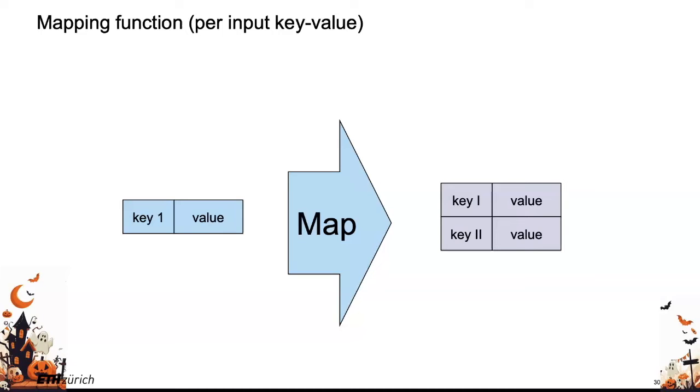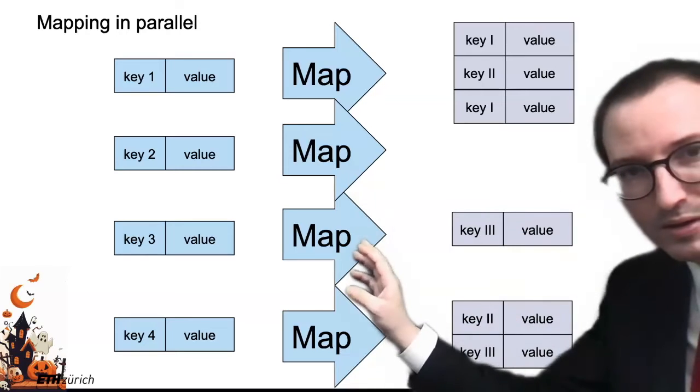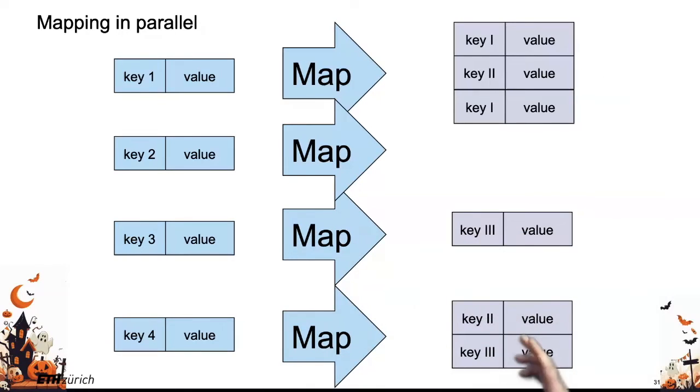You're going to apply this map function to every single input key value. Every one of them goes through the map function and might output 0, 1, or more key values. So the first key value output 3 intermediate key values. The second one output 0. Here you output just 1, and here you output 2, right? Can be any number. So this is the mapping phase.